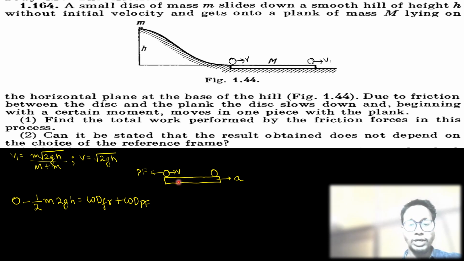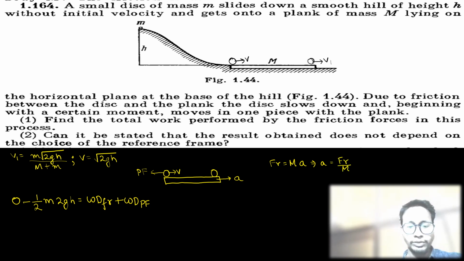What is the only force acting on this slab? The only force acting on this slab is the friction force. So friction force is equal to mass of the slab into acceleration of the slab, no? Or acceleration of the slab is equal to friction force divided by mass of the slab.